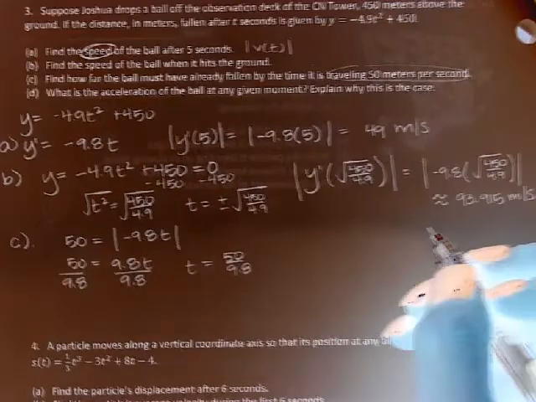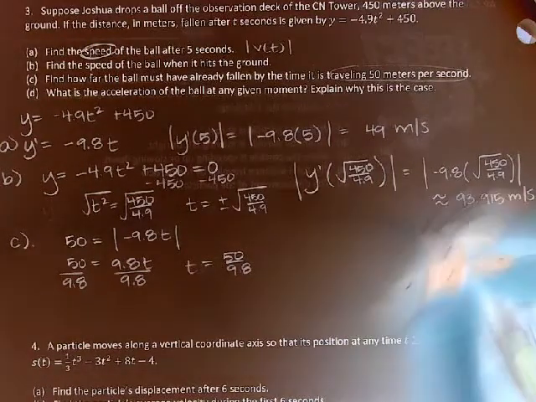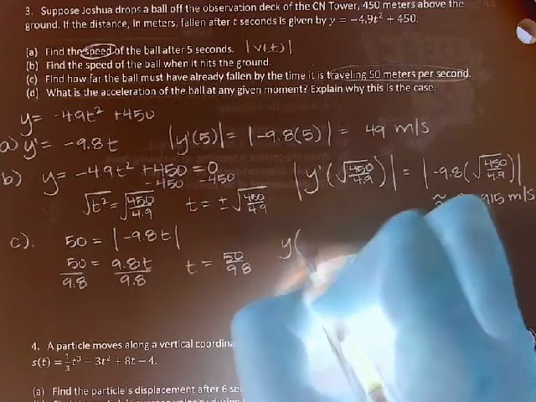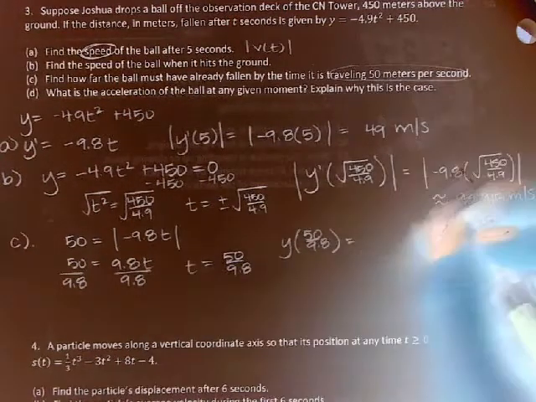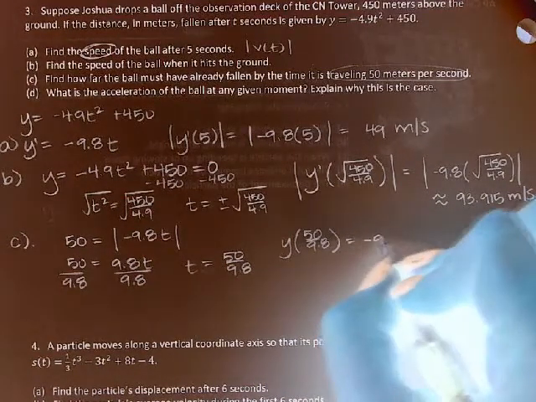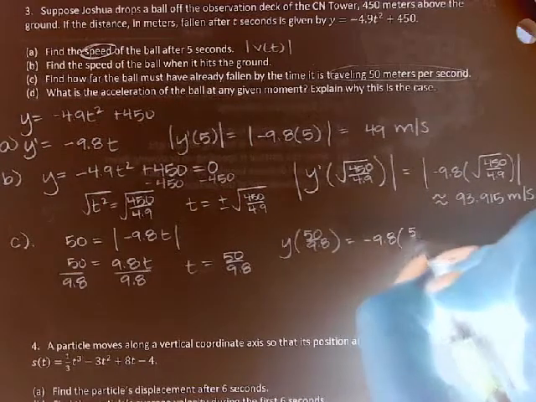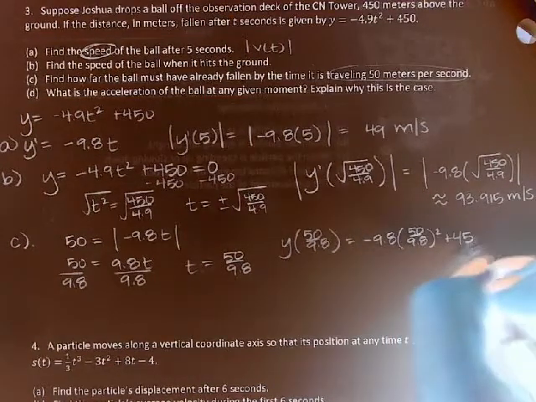Okay, so where am I going to plug that back in? The original equation, because I want to see its position at that moment in time. So I'm going to say y of 50 over 9.8 is negative 4.9 times 50 over 9.8 squared plus 450.